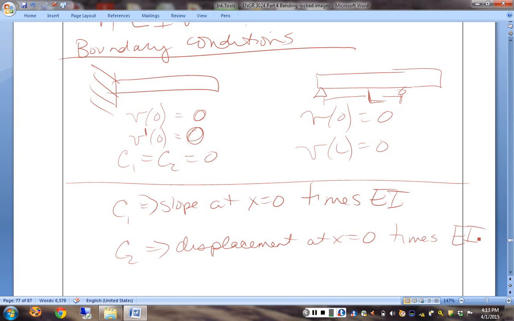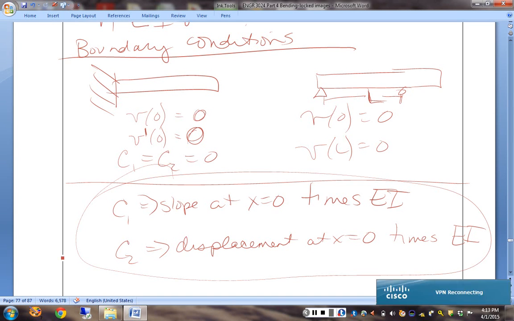Those are always true, no matter what. It's just that you know that the slope at x equals 0 for a cantilever is 0, which means C1 is 0. So these two statements are true no matter what the beam is, whether you've got overhanging or supports at 0. Those things are always true. These things are true for those particular cases.